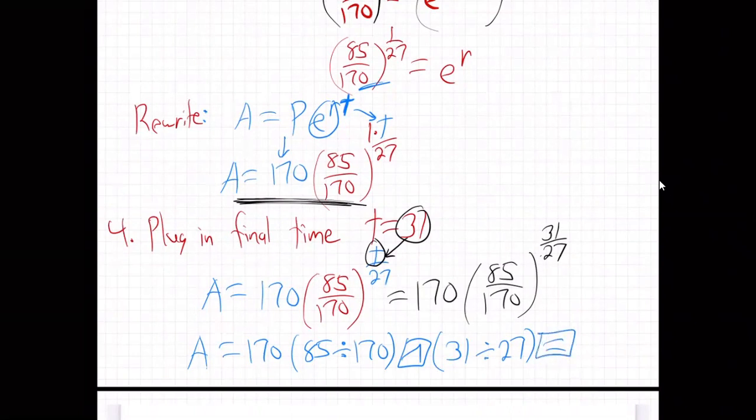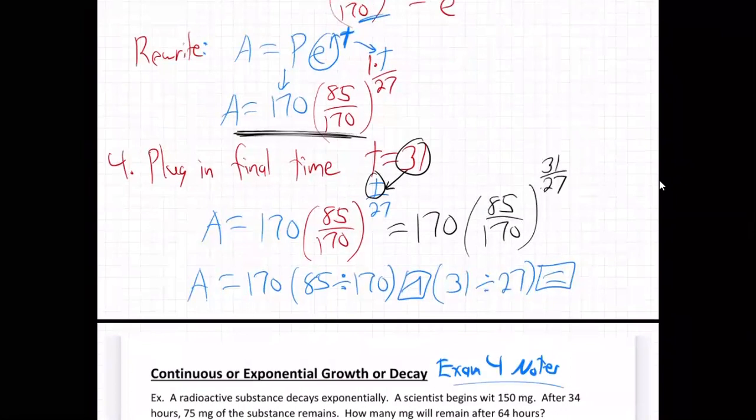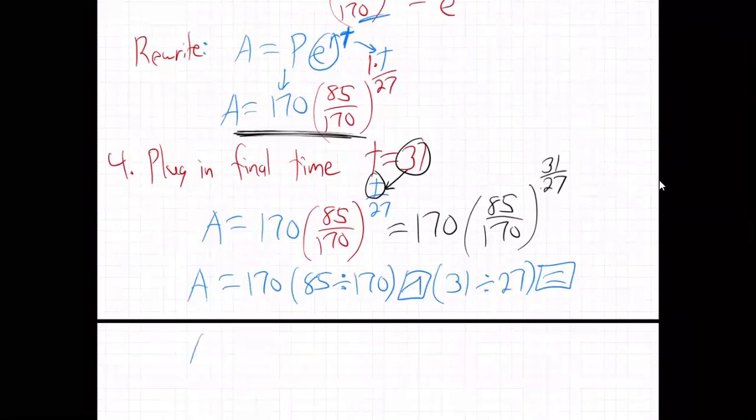That's basically what you're going to have to do. So I'm getting A equals 76.7047.